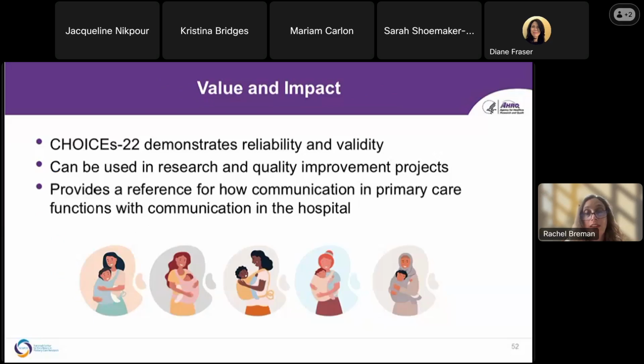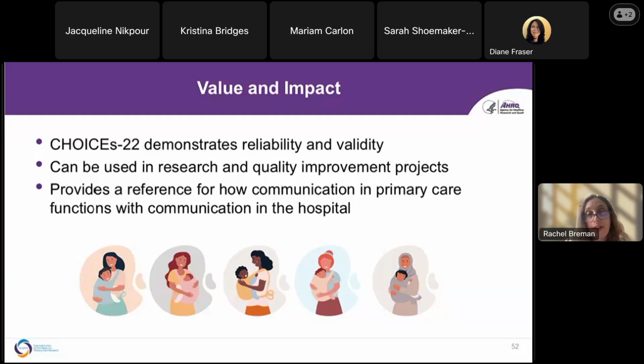So some of the value and impact of this: CHOICES 22 has demonstrated reliability and validity. It can be used both in research and QI projects, depending on how you want to use it. If you decide that you want to just have a quality improvement project and not necessarily deal with doing a research project, all the items can be looked at individually or collectively.